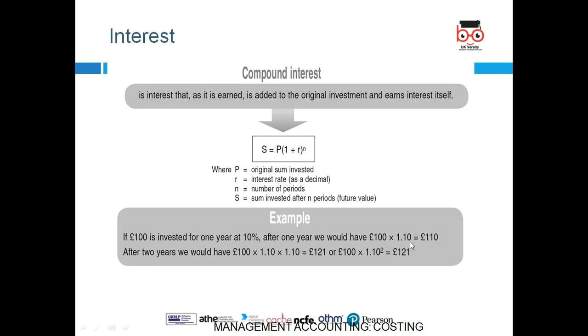Then we calculate 10% of 110, and that will become £121 in the second year. Then you do compounding again. If you don't withdraw your money and you carry on getting interest on interest, that's called compounding.